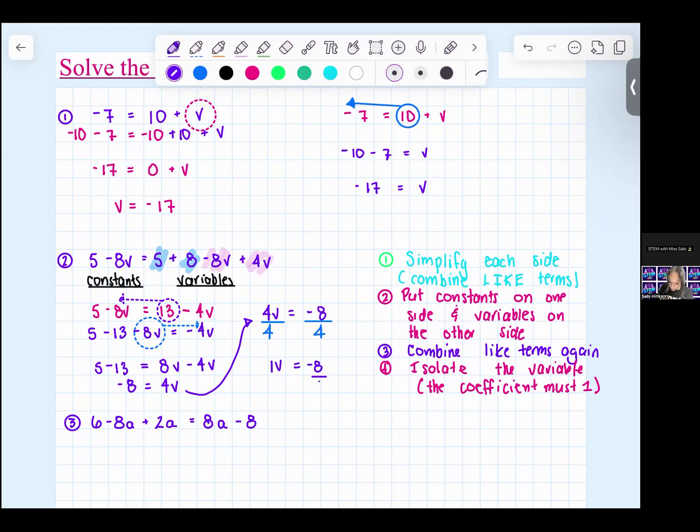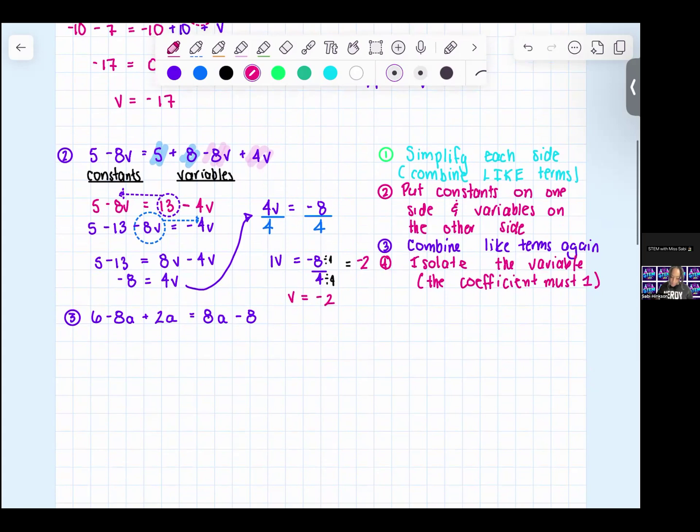And we know that we can reduce this if we divide the top and the bottom by 4, or just regular division. So negative 8 divided by 4 is negative 2. So v is equal to negative 2. So that's my answer for that one.